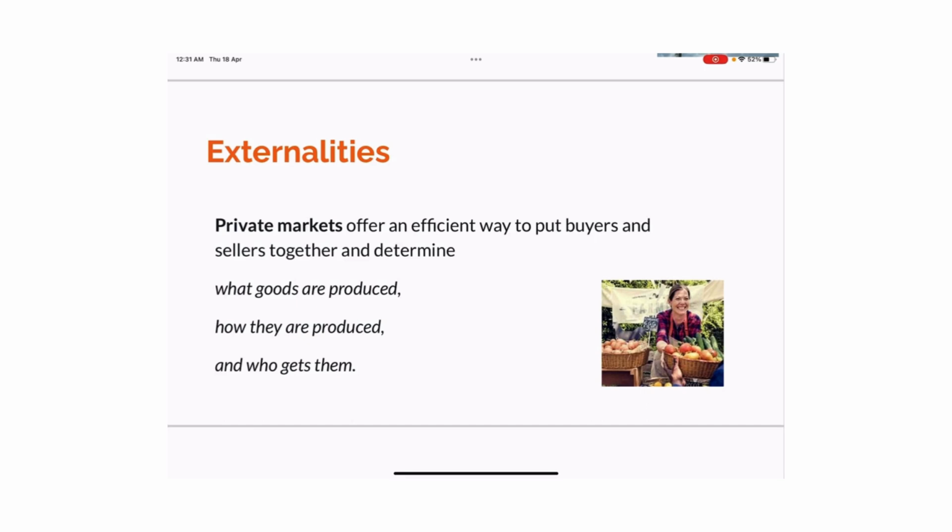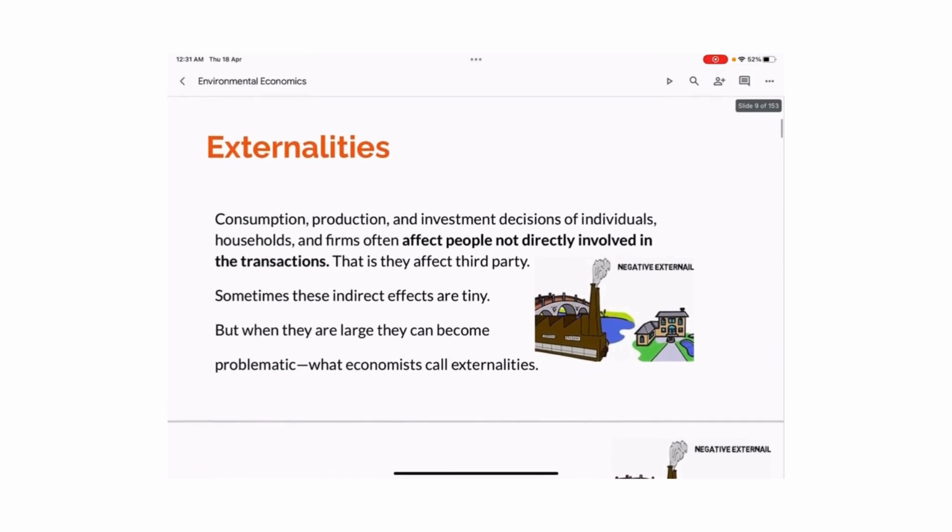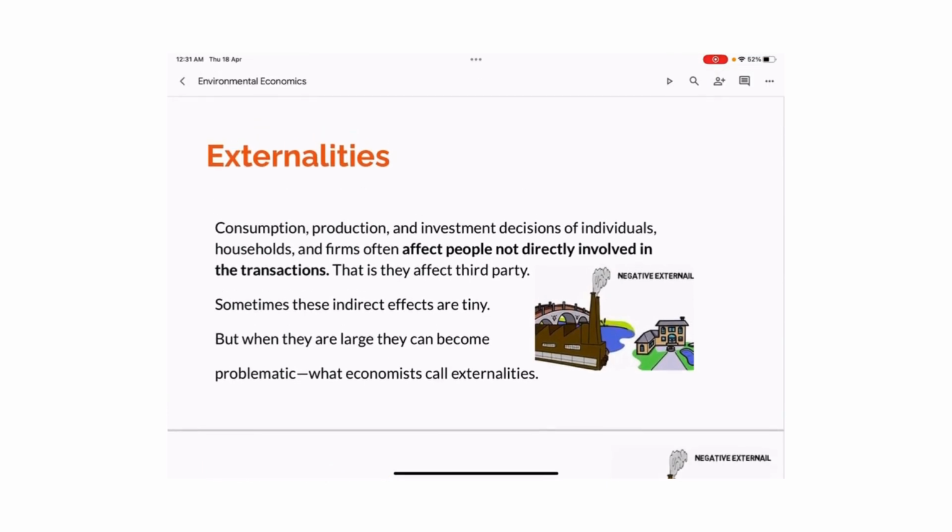environmental externality. So externalities, if I want to define from that perspective, it is to quantify that the people who are not directly involved in the transaction, if affected in a larger way, we have to call them an externality, right?